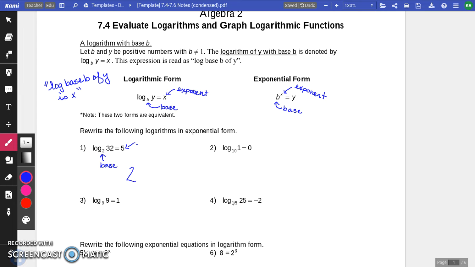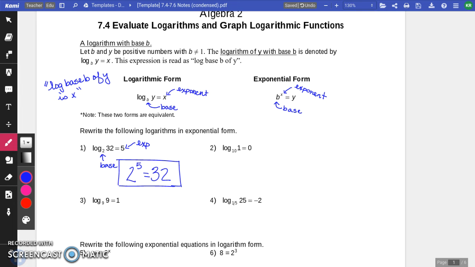Your 5, what your logarithm is equal to, becomes your exponent, and then it would equal 32. So 2 to the 5th equals 32, an equivalent statement to log base 2 of 32 is 5.